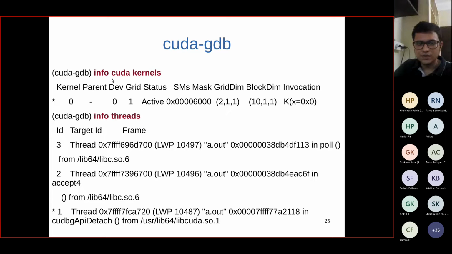I don't know this. But it has grid number 1. It is currently active. It is probably running on this streaming multiprocessor, which is its SM mask, and then it has this grid dimension, this block dimension, and this is its invocation.